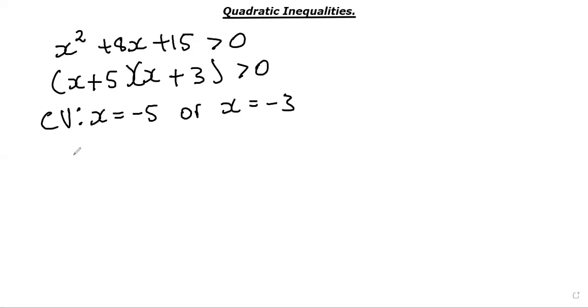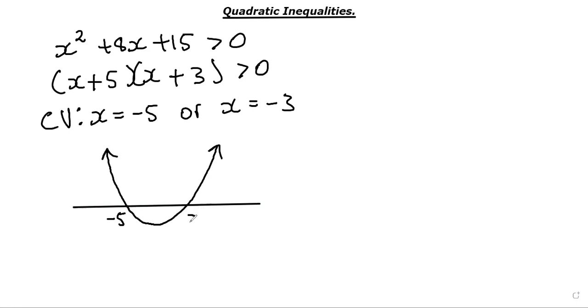Right. And then from this point, we have to represent our function graphically. So this is what we say. The value of a is still positive, so the function is facing up. Then you have -5, and then you have -3 there.